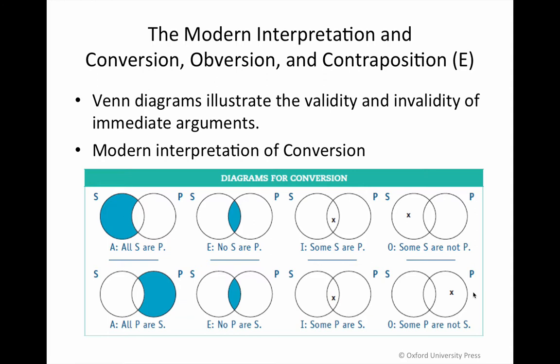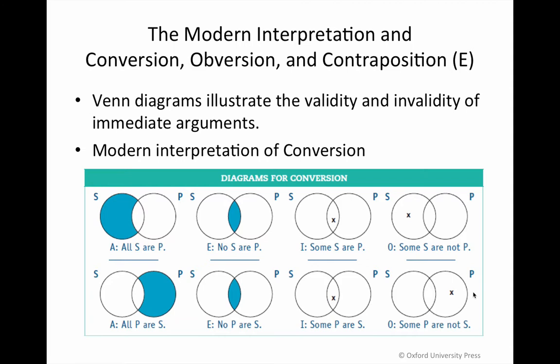So the first inference is universal affirmative to universal affirmative. The second inference is universal negative to universal negative. The third inference from the left is particular affirmative to particular affirmative. And then the last inference, the far right, is particular negative to particular negative.